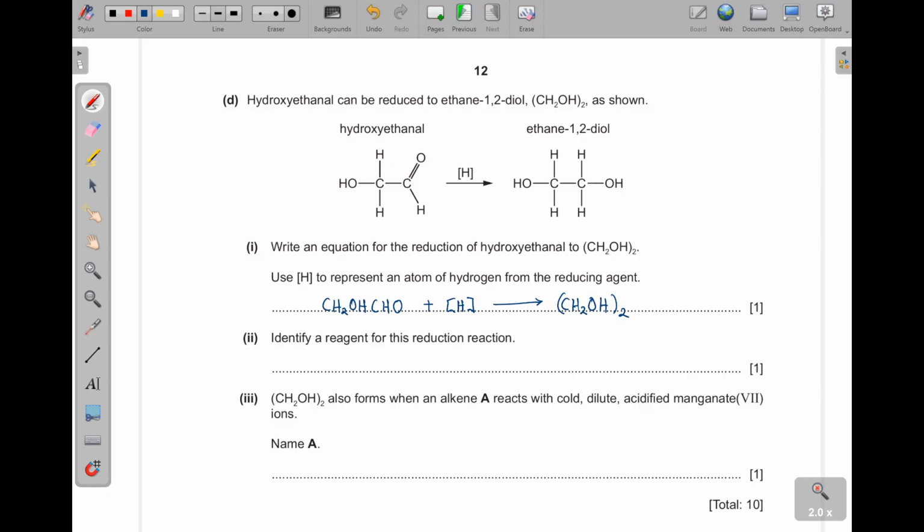Let's see the hydrogens that have been added. Right from here, when you check this, there are 2 hydrogens added. There was O and H, but then 2 hydrogens are added. So I will come to this one and put a 2. 2 hydrogens were added, as simple as that.